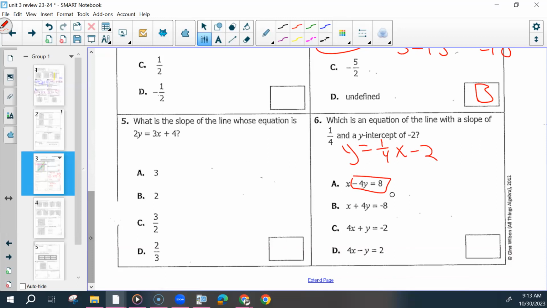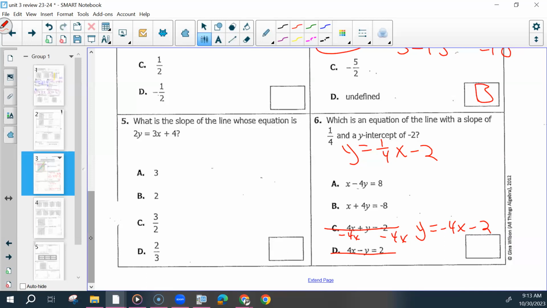So you would have to pick one and solve it to see if we could maybe eliminate. So like if I pick C and I started to solve it, I got rid of 4x by subtracting. I can see that the slope is opposite of what we're supposed to have. So it's not going to be C. D set up similarly, so it's not going to be that one either. It has to be A or B.